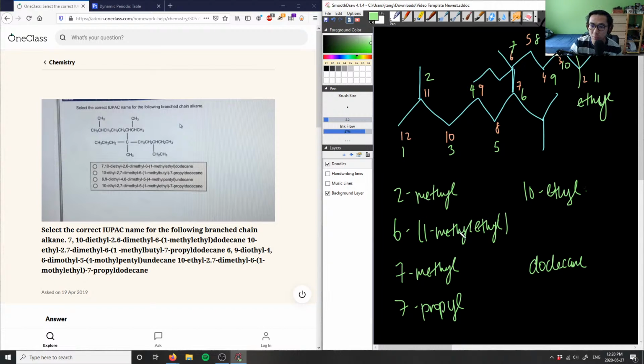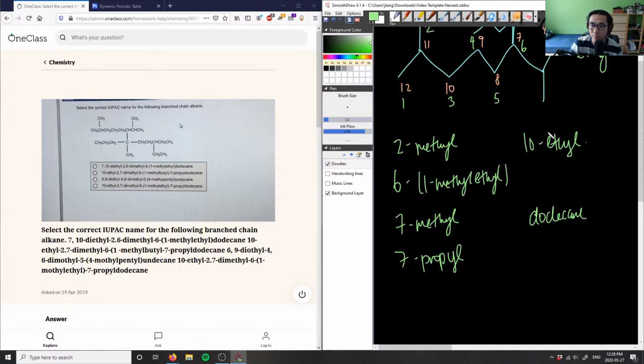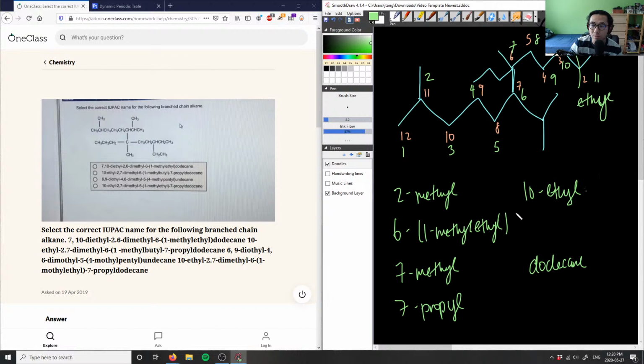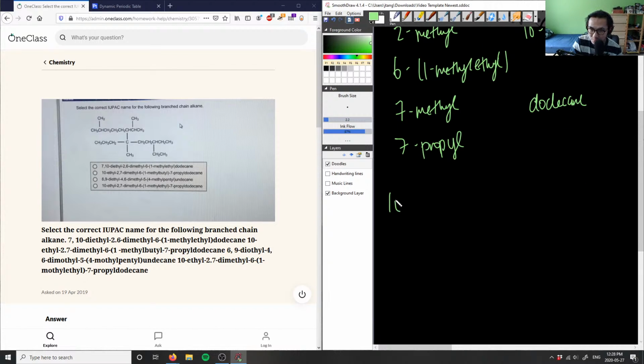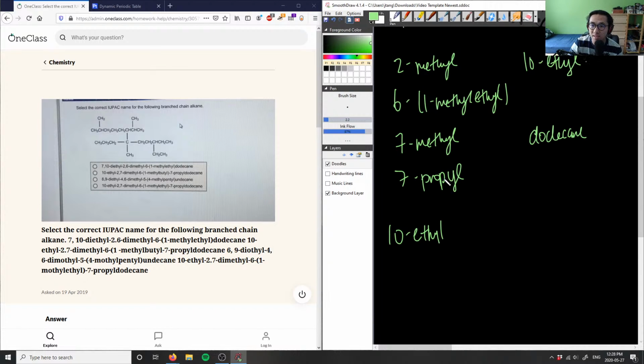So if I were to label this, I'm going in alphabetical order. So here I'll put ethyl first, right? So this would be 10 ethyl. And next I would have the dimethyl group, because the M comes next here. And I have 2 methyl groups, right? So I have 2,7 dimethyl.